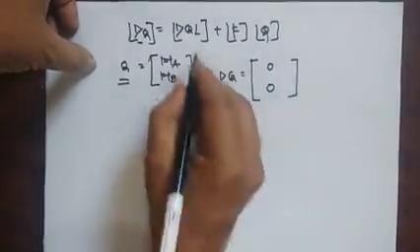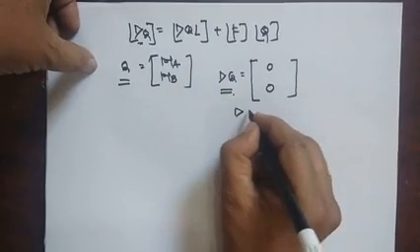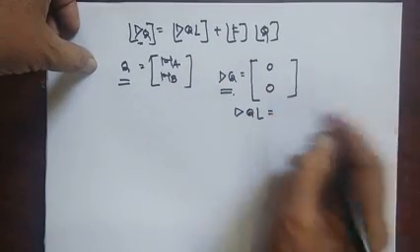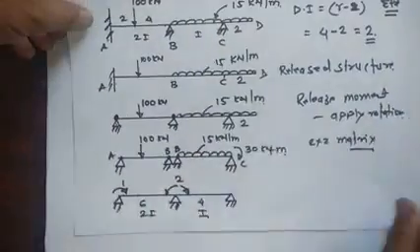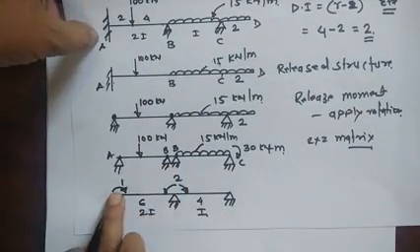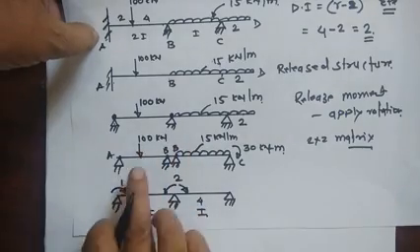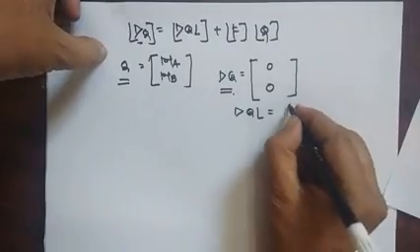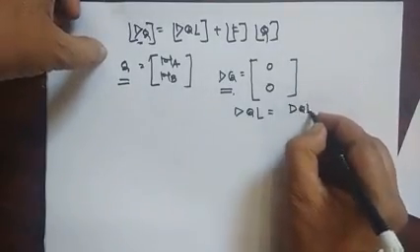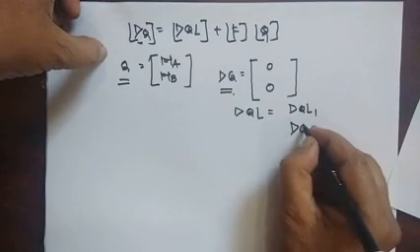So we got this Q matrix and DQ matrix. Now our aim is to develop the DQL matrix, that is the displacement at coordinate 1 and at coordinate 2 due to this external loading. So we get DQL1 and DQL2.